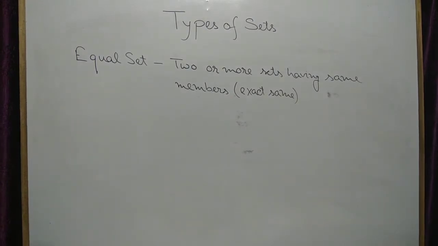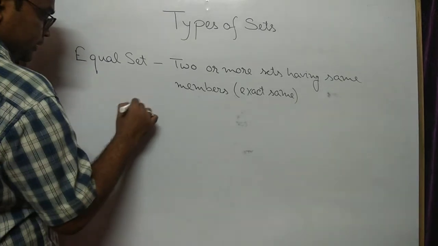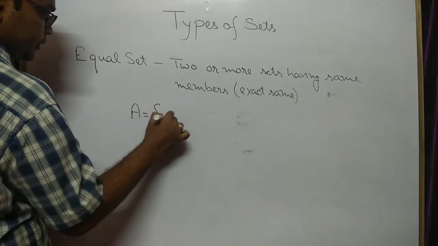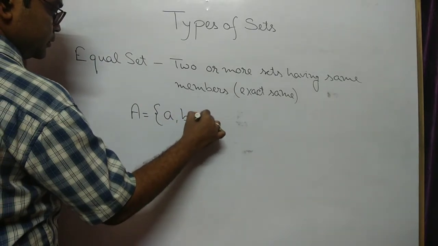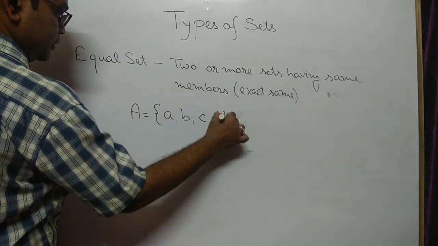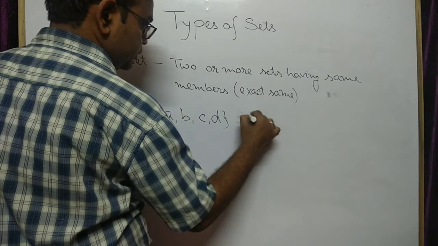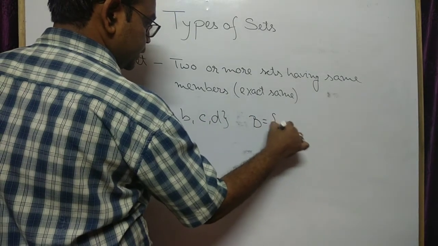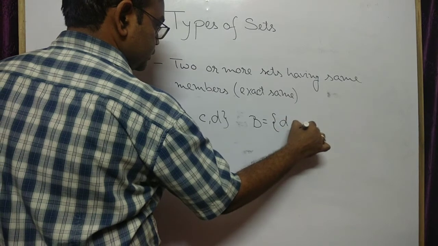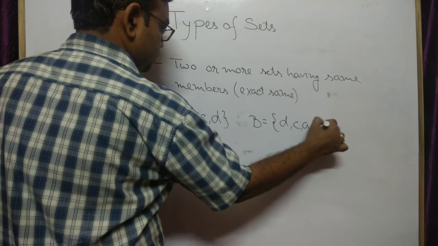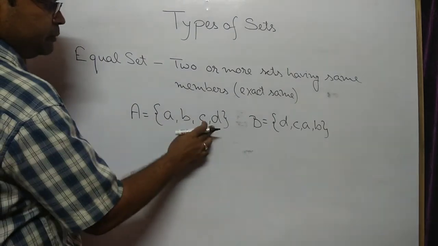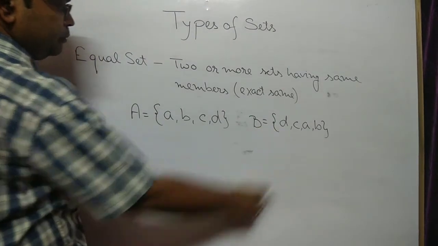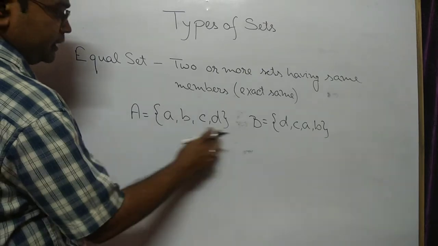For example, if we say that in set A we have letters A, B, C and D, and in set B we have letters D, C, A, B. If we check, all the members are the same, there is no extra member in any set.